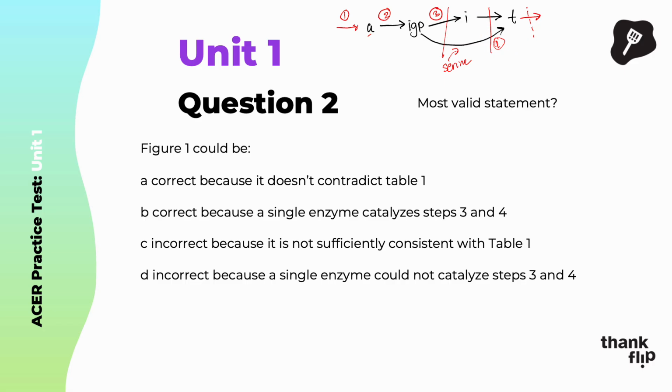So Tri3 can grow when you're supplemented with indole and tryptophan, but if you're only supplemented with IgP, it's not going to grow, which means that there's some sort of disruption here or here. And that goes with this diagram here. See how I'm able to follow along with the table and still match it up to the diagram? There's nothing that's contradicting it.